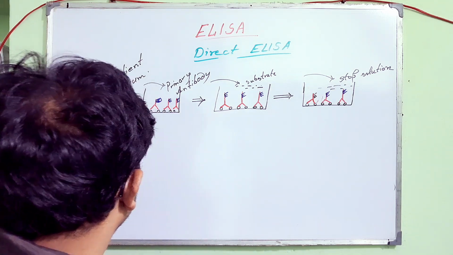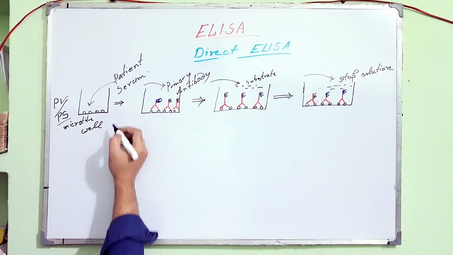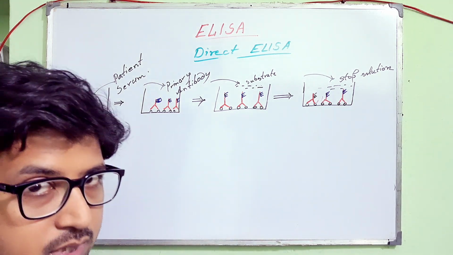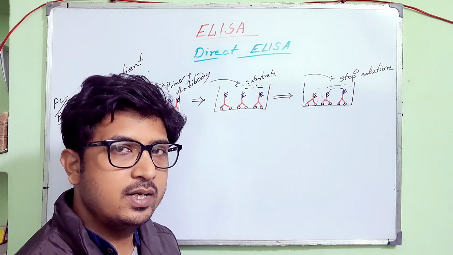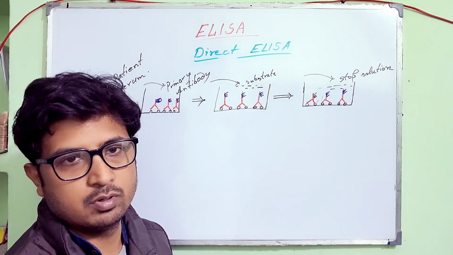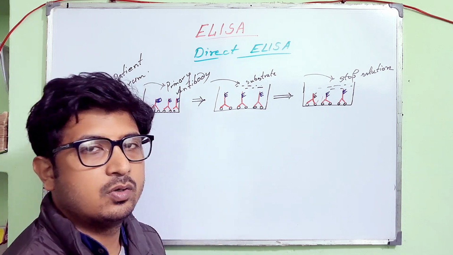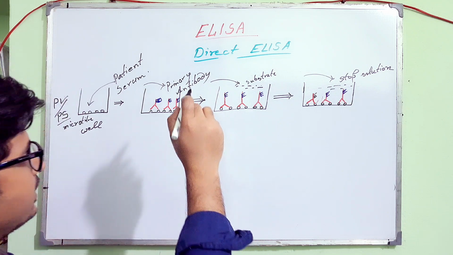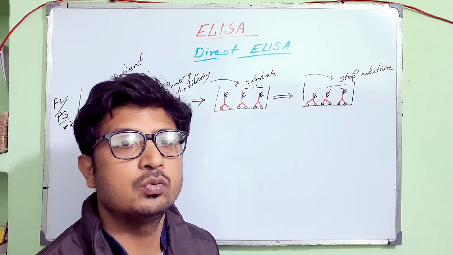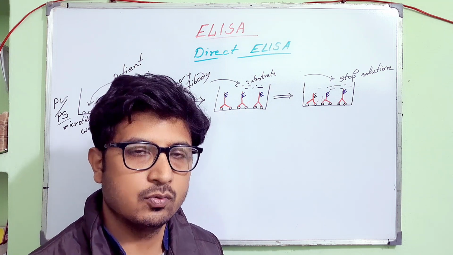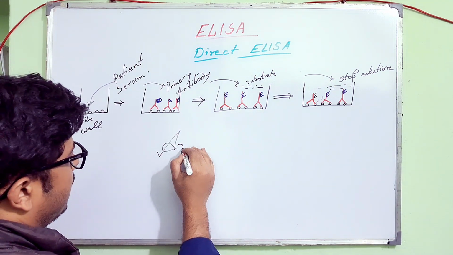This polyvinyl or polystyrene well will first be empty. In direct ELISA, there will be no antigen or antibody attached to the microtiter well. Patient serum will be given directly to the empty microtiter well. Here we are going for the detection of what? Antigen.